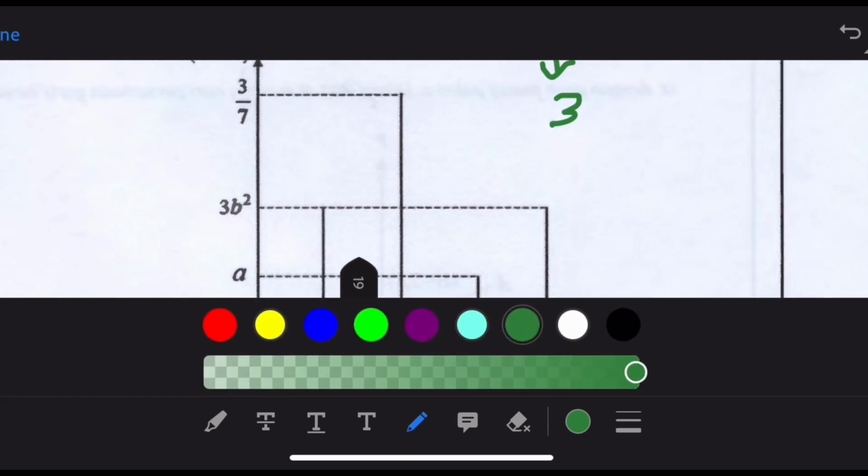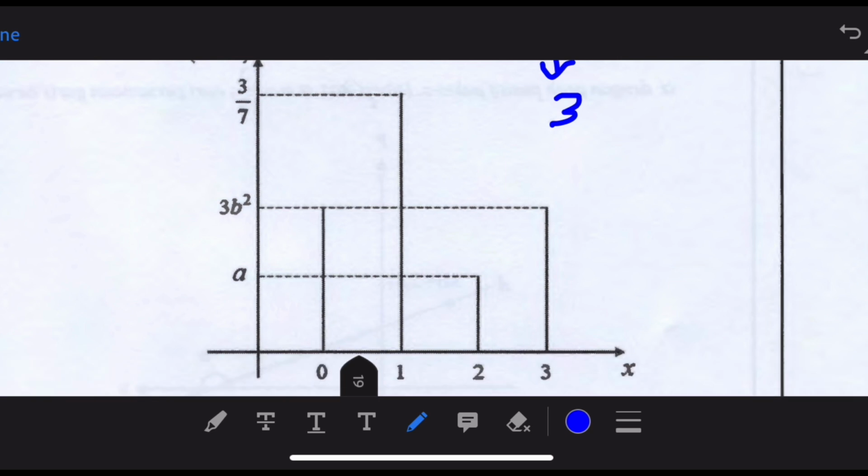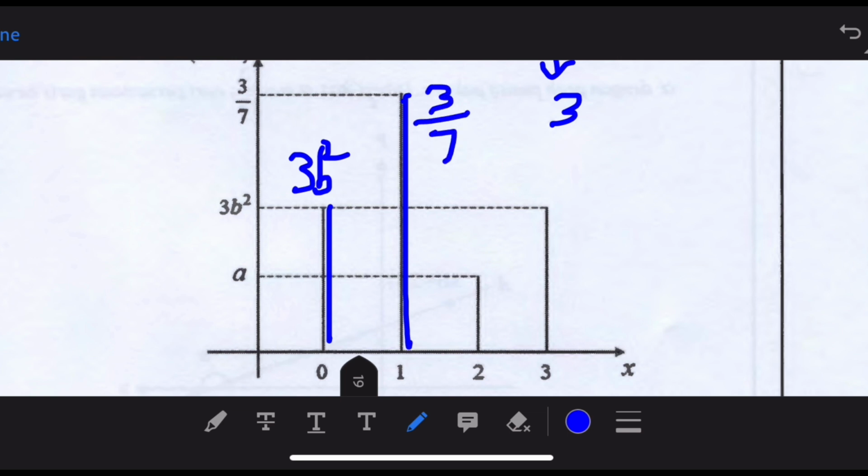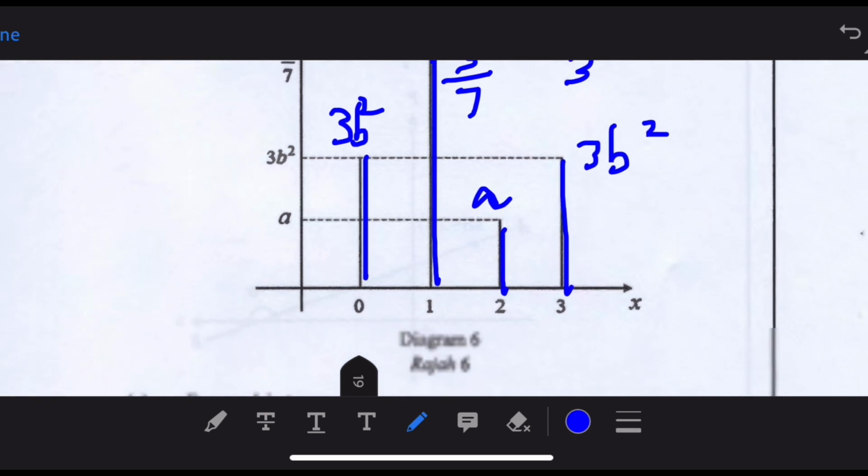So now you just label like this. For this one, the probability value is 3b squared, and this one, the probability value is 3 over 7. And then for the other one is a, and the last one is 3b squared.